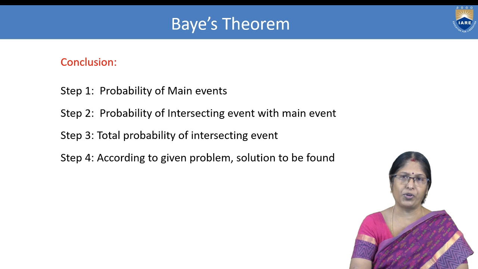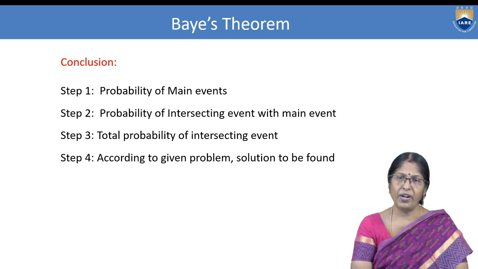So, the conclusion. The first thing we have to do: reading the problem, we must be in a position to identify whether the problem comes under Bayes or not. How to identify? Main events we have to pick first, and their probabilities will be given in the question only. Step 1, we will solve it.